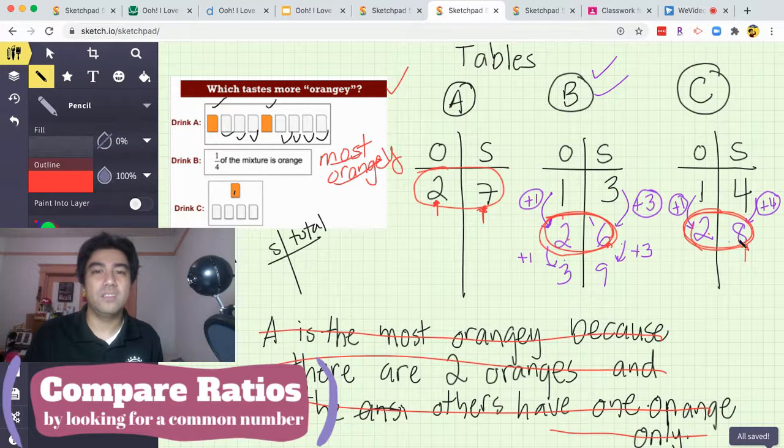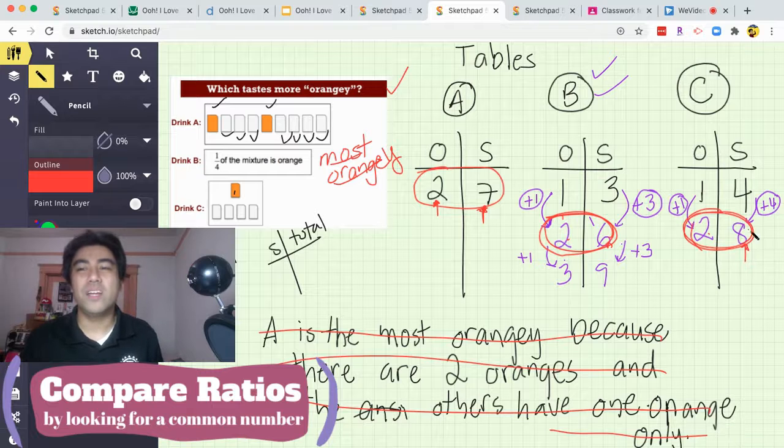Okay? This one has the most soda. It has 8, but these are less. It's only 7 and 6. And because drink C has more soda than the others, that means this is going to taste more like clear soda and less like orange.